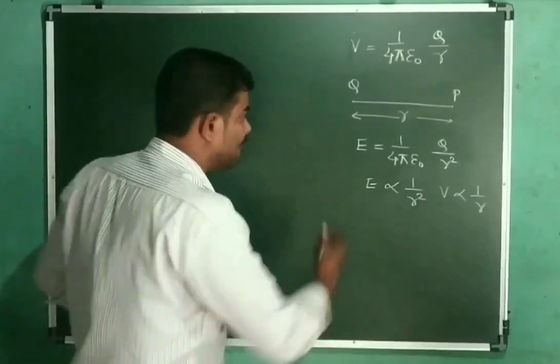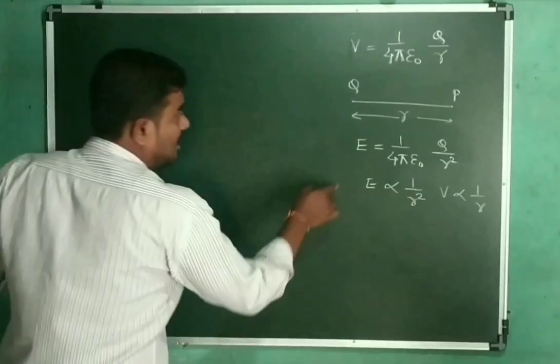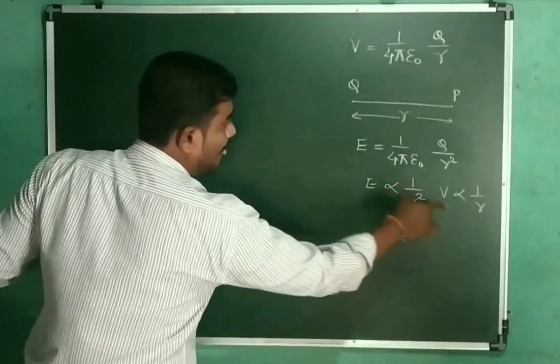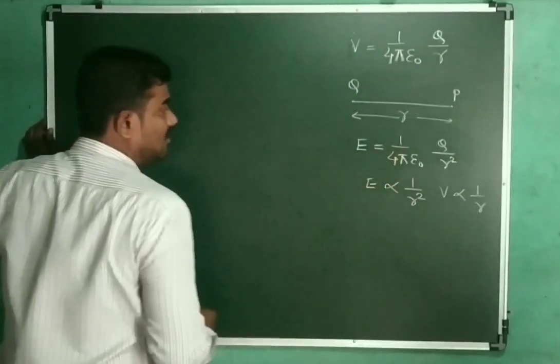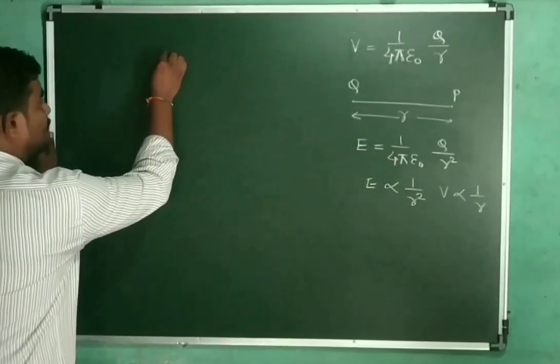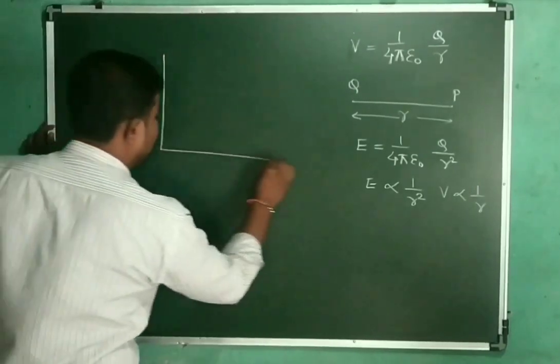If we draw the graph between electric field and distance, or electric potential and distance, the graph is going to be like this.